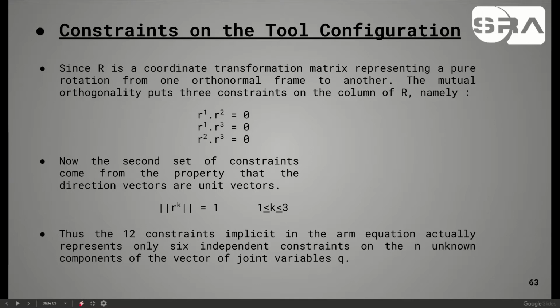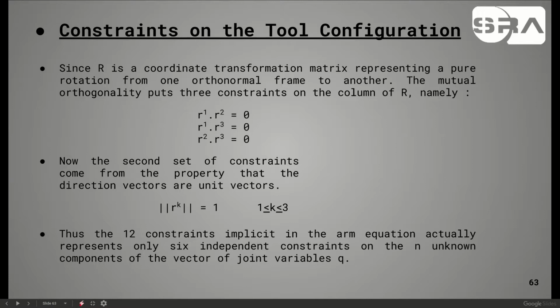So out of the 12 constraints implicit in the arm equation, actually only 6 are independent constraints on the n unknown components of the vector of joint variables q. One more thing to note here is we have n unknowns. Earlier, when we were solving for the forward kinematics, we only had 3 unknowns, that is x, y and z.